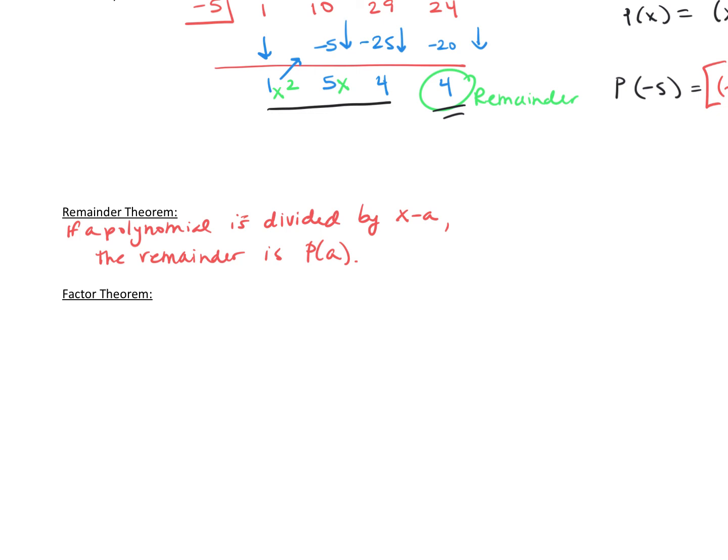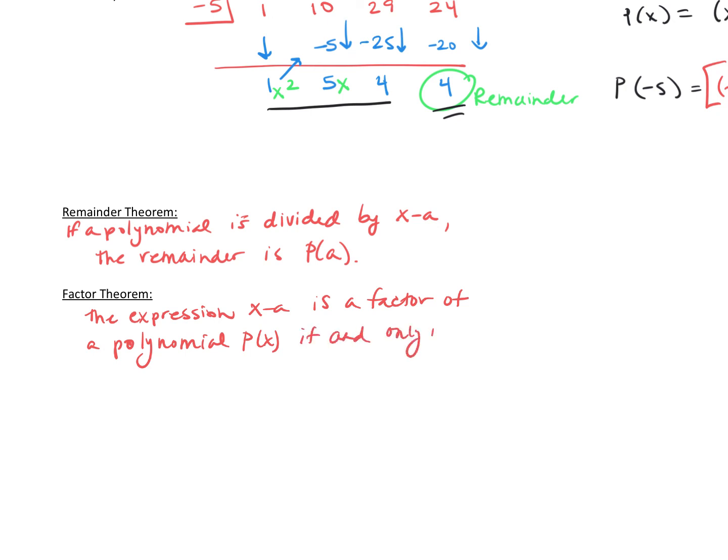The factor theorem states that the expression x minus a is a factor of a polynomial p of x if and only if p of a equals 0.